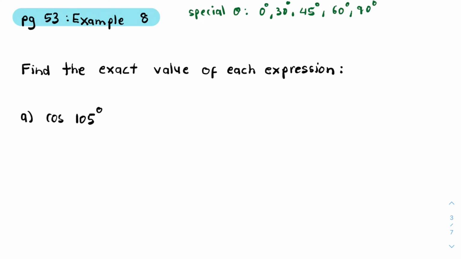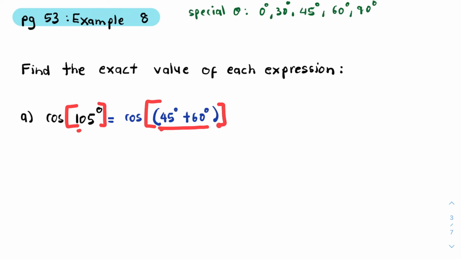Over here, cosine 45 degrees plus 60 degrees will give you 105. So these two are the same thing. Cosine 105, you can separate into cosine of 45 plus 60 degrees. Now it is already the addition formula. So what is the addition formula? If you cannot remember, refer back to the formula.